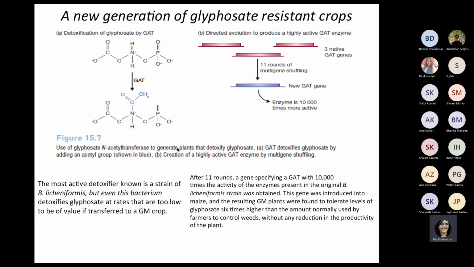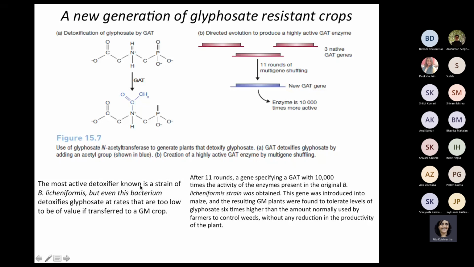If you remember, I told you about directed evolution and the other methods. You need to go with all these strategies, but in this case they went for multi gene shuffling. You remember domain shuffling I told you about. This is an excellent example of it.